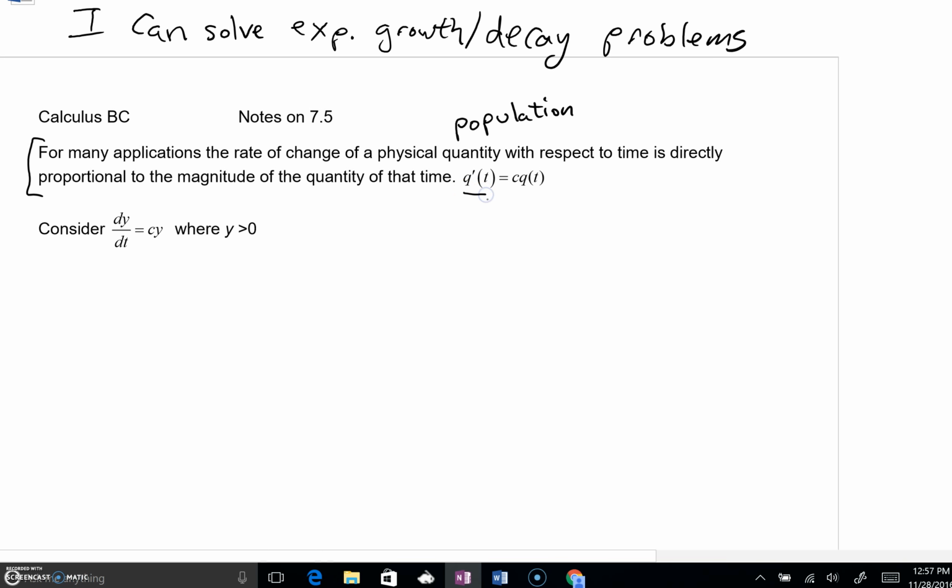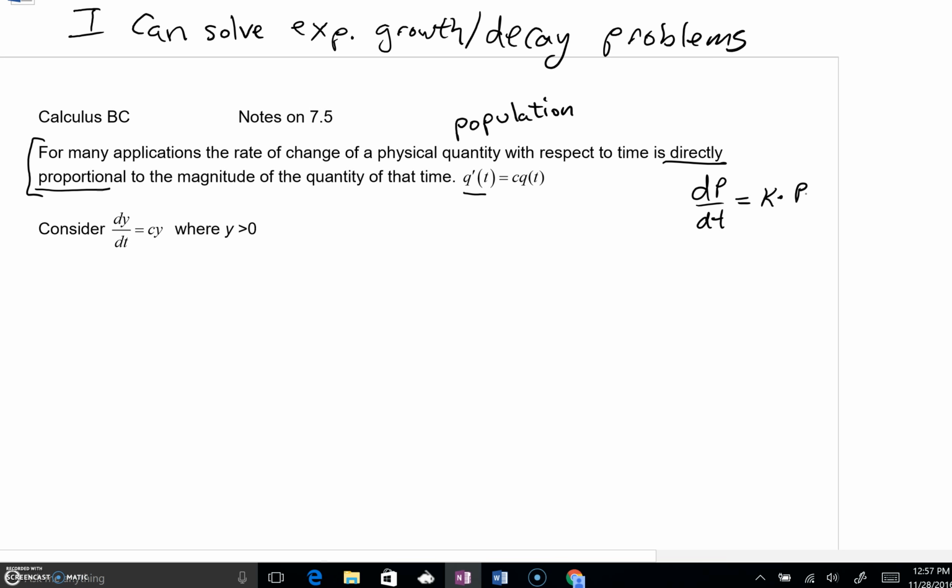The rate of change, let's even consider for a moment it was a population, dP/dt, they're saying that it's directly proportional. That means there's some fixed constant. Maybe it's a number like 7, or maybe it's a very small number like 0.001. And that number gets multiplied to the population at that time.